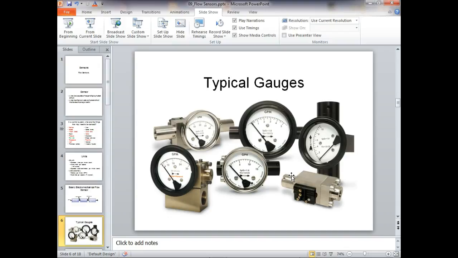Can you adjust flow with that? No, these are not flow control valves. These are flow meters. All are flow sensors. All this measuring is the flow gauge. Now they might combine a flow control valve with a flow meter, right? You understand? But that's actually two different devices doing two different functions. Are we okay? Okay.